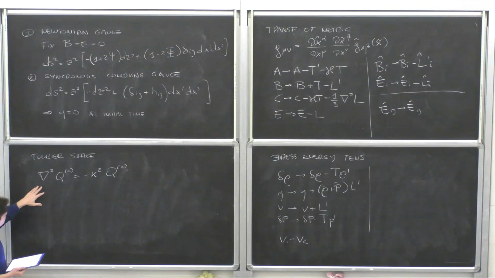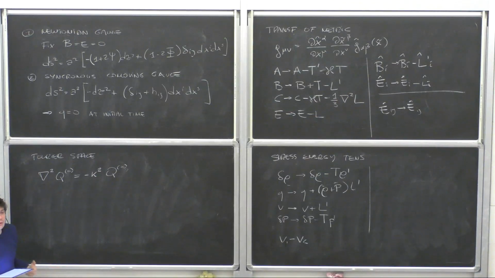Now this is one of the places where the absence of curvature matters the most, because clearly this is the 3D Laplacian. If you have curvature, that's going to have connection terms, so finding the eigenvalues of this is going to be much harder.